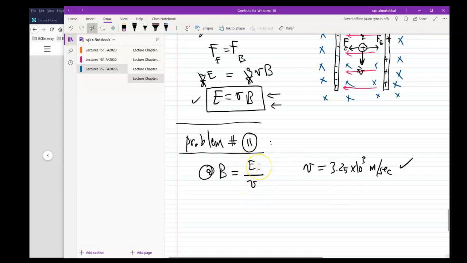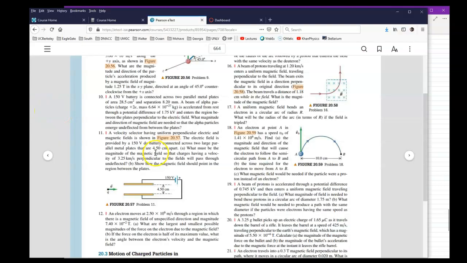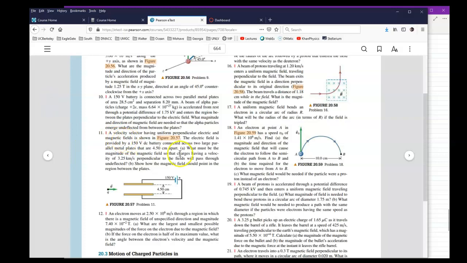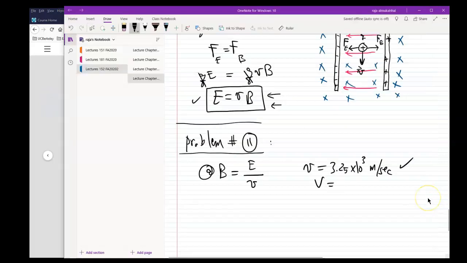Now I need to get E. Well, how do I get E? He didn't give me E, did he? No, he did not. But he gave me something that I'm familiar with from previous chapters. He gives me the voltage and the separation distance. You remember that? So the voltage is 150, and the separation distance, let's call it D, equals 4.5 centimeters. Remember how E is related to that?